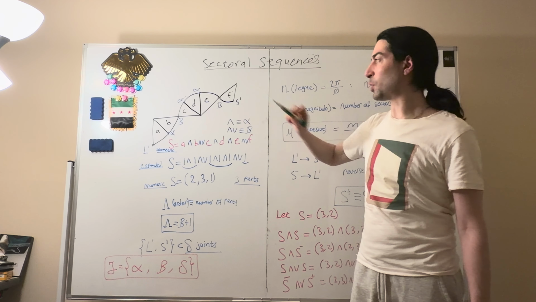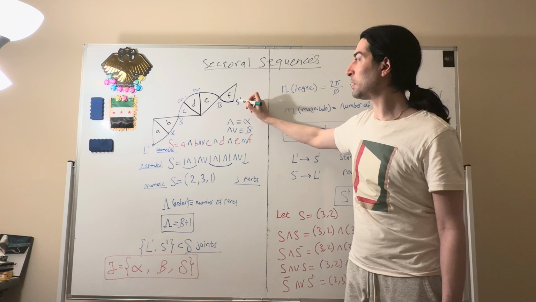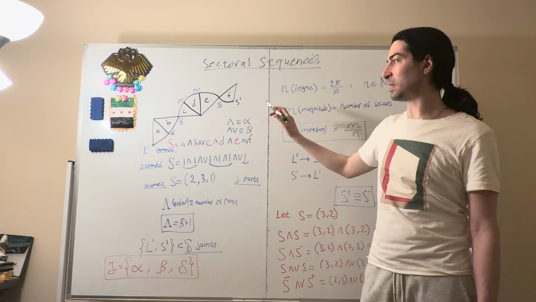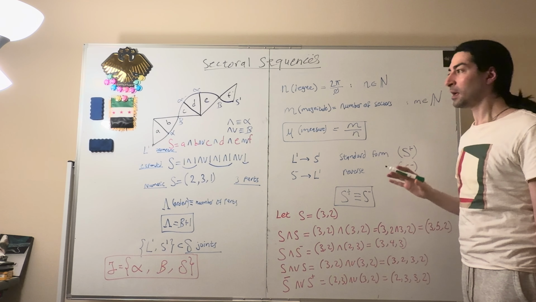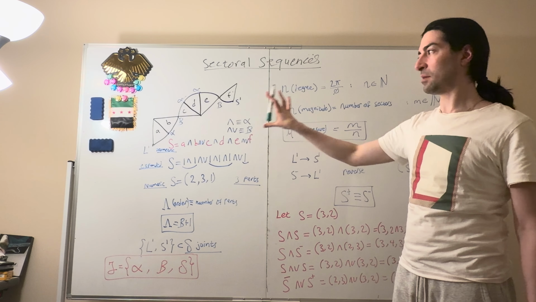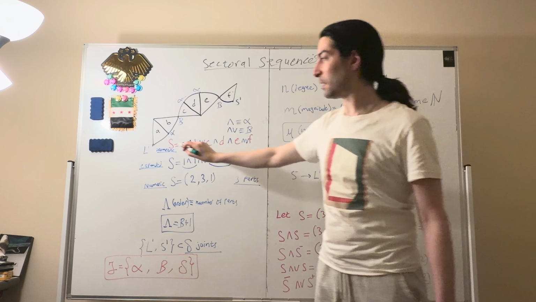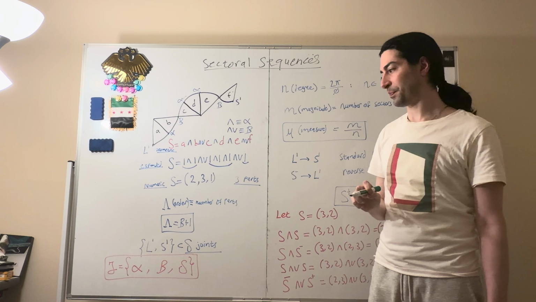And since this part is smaller, we will call this S for small, S prime. So these two delta joints are L prime and S prime. And in standard form, we will read the sequence from the L prime to the S prime joint.